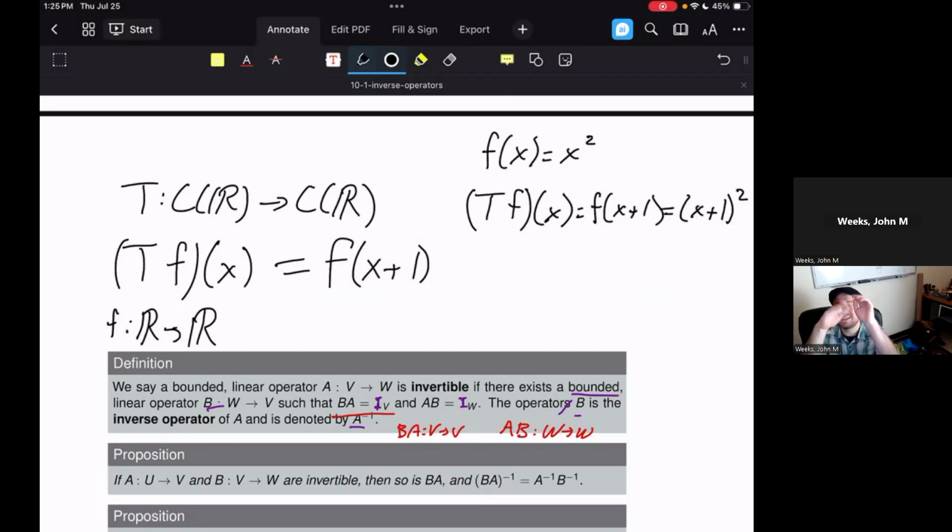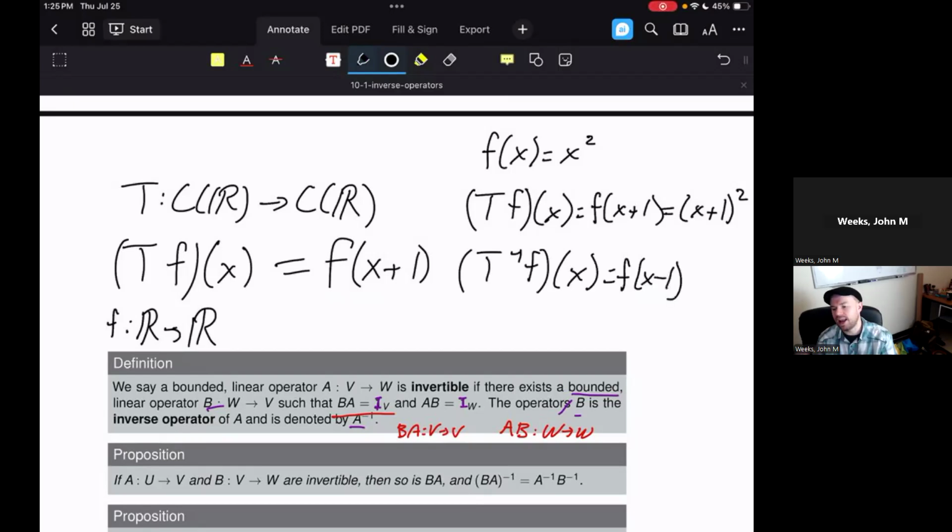But if we look at this as a graph being shifted to the left by 1, then the inverse function is going to have to send us back to the original function. So if T maps our function to the left by 1, what should our inverse function S do? Well, it should take this function and shift it to the right by 1.